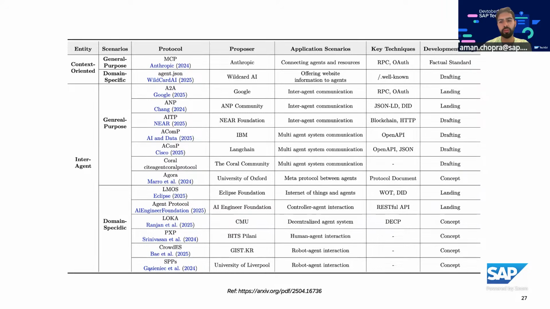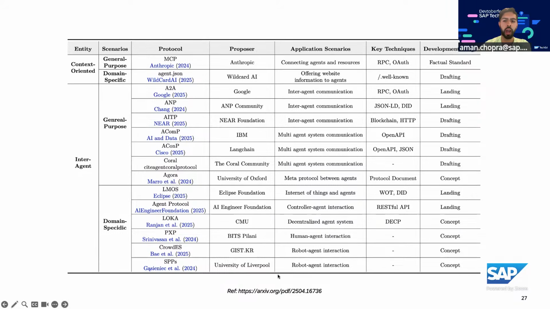I actually found this really interesting research paper that surveys all of these different protocols and compares them across what scenarios they're used for, what transport and discovery techniques they use, and how established they are. For the purpose of time, I don't want to talk too much more about the other protocols, but I would suggest exploring the reference research paper over here in case you want more of a technical deep dive.